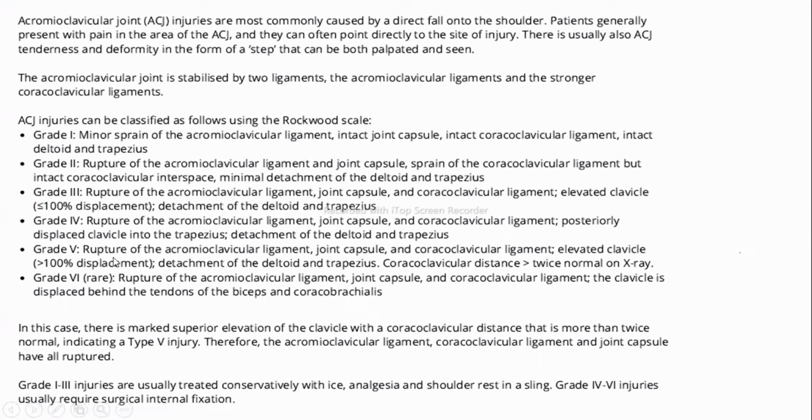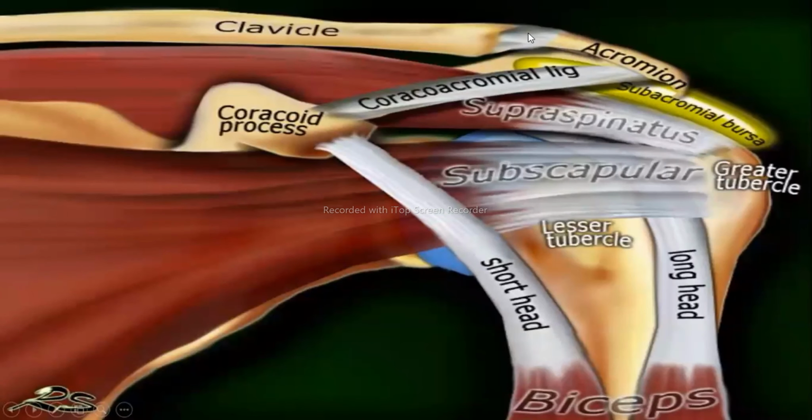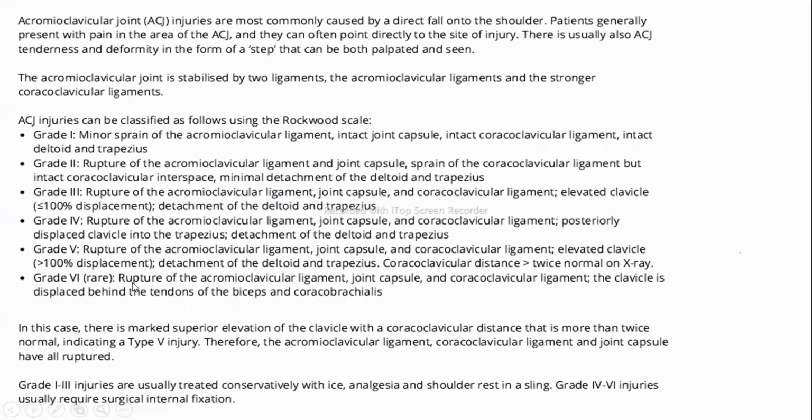So I need from you just to remember grades 5 and 6. Okay. So here, if you find both ligaments injured, is this grade 5 or 6? Both. If you find the clavicle behind the tendons of biceps and brachialis, it's grade 6.